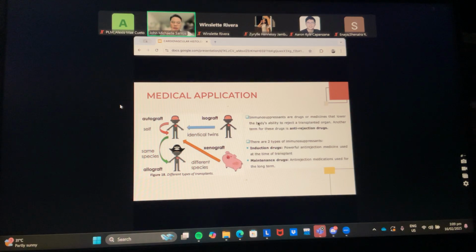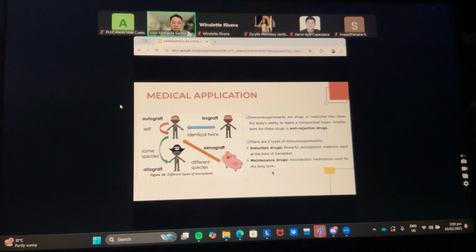Okay? So one thing to consider when grafting or transplant is that you need to have immunosuppressants. Immunosuppressants, ibig sabihin, sinusuppress mo yung immune system mo para yung body mo kunin or tanggapin yung nabigay sa'yo na organ. Okay? So you have 2 immunosuppressants. You can have induction drugs, and then your maintenance drugs.